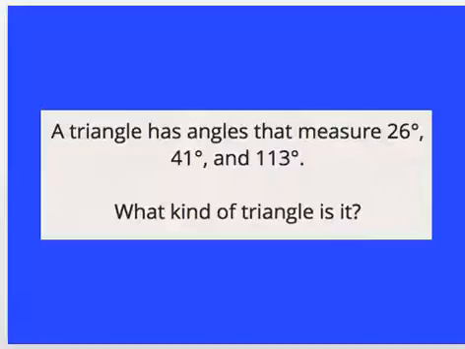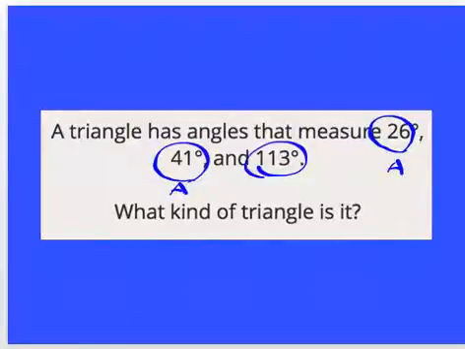All right, press pause, try to answer this question. Okay, so if a triangle measures 26 degrees, 41 degrees, and 113 degrees, what I notice is that this is an acute angle, this is an acute angle, and this is an obtuse angle.